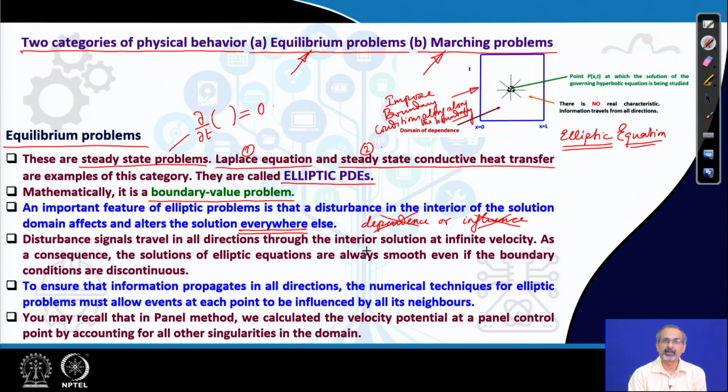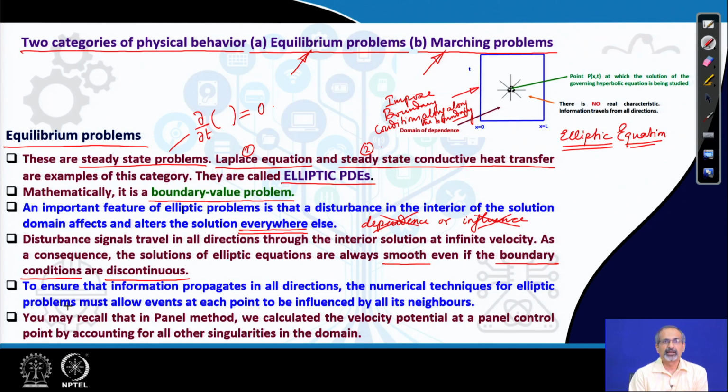Here, it is the entire domain which is influencing. Also, the disturbance signals travel in all directions through the interior solution at infinite velocity, and therefore the solution of elliptic partial differential equations is always smooth. Even if the boundary conditions are discontinuous, the inner solution domain is always going to yield a smooth solution.